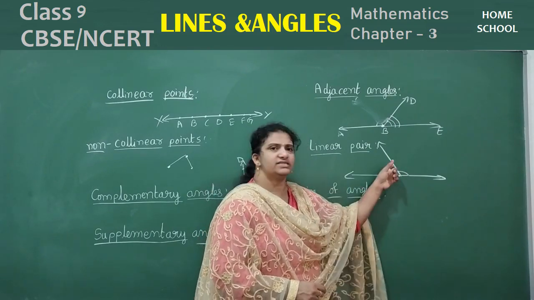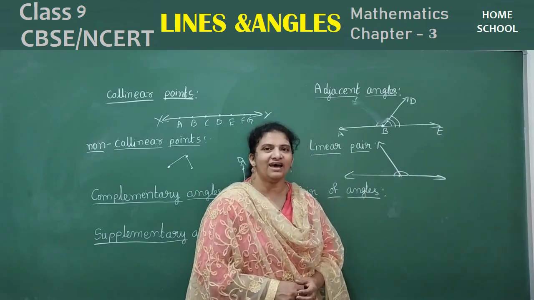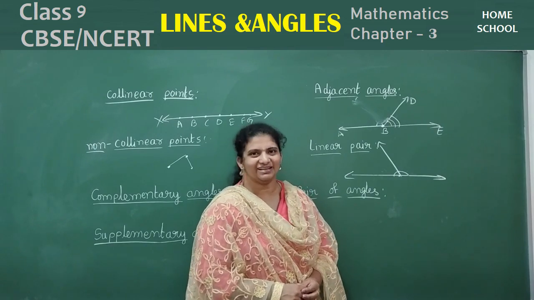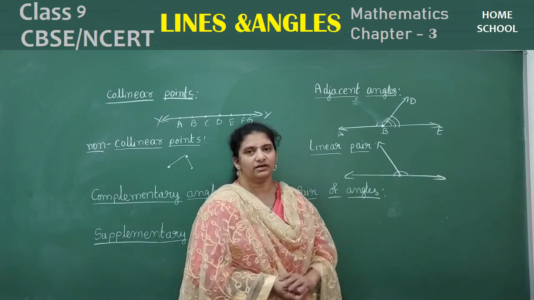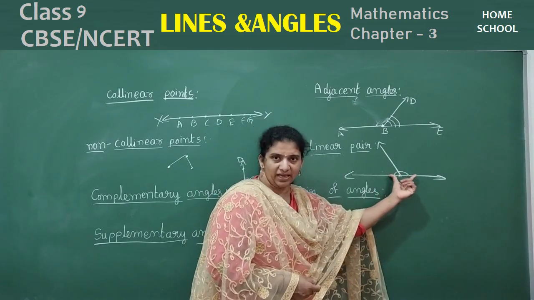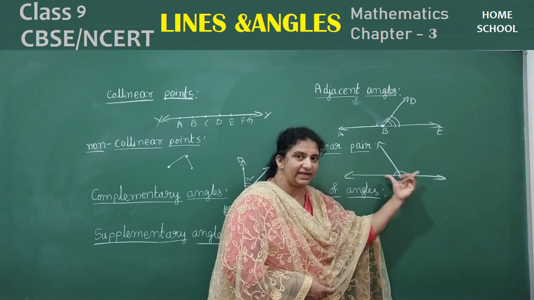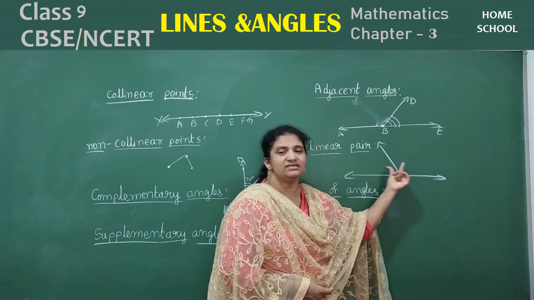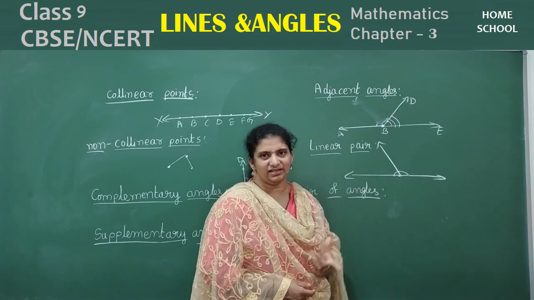Then what does this sum 180 mean? Which type of angles are they? They are supplementary angles. See, in the same figure I'm saying three words here. That is linear pair: two non-common arms make a straight line or a straight angle. They are called a linear pair of angles.